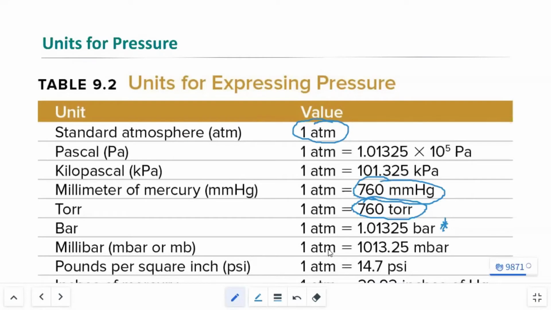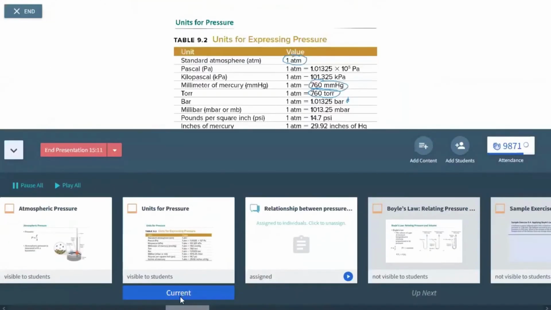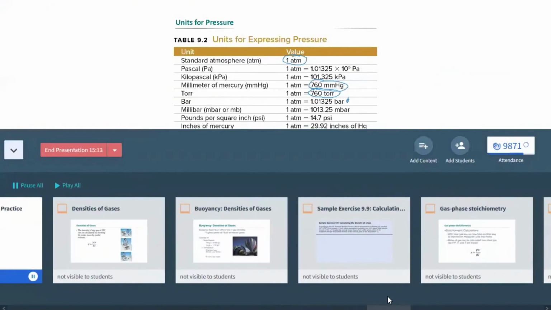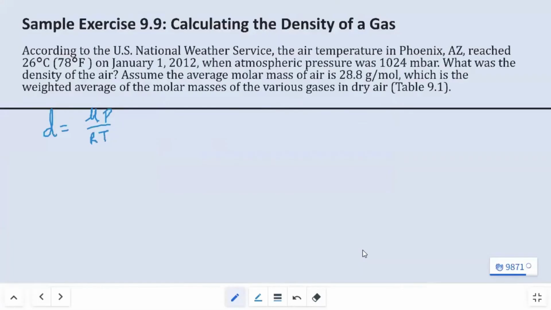With 1 atmosphere being equal to 1013.25 millibar, we could easily turn that into atmospheres and go about our business as we were before.